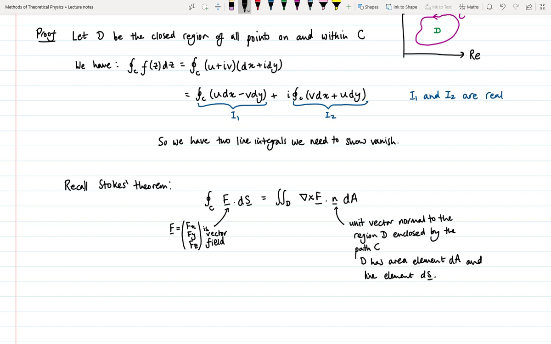I'll draw a picture to make that clearer. This is some region in three-dimensional space, x, y, z.